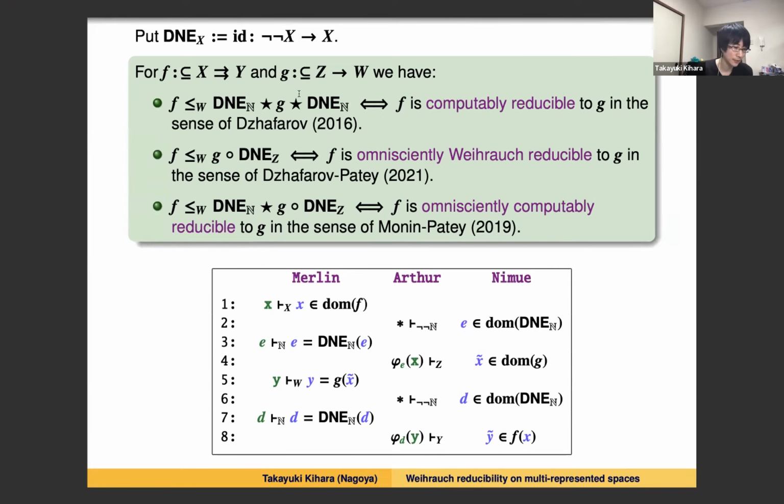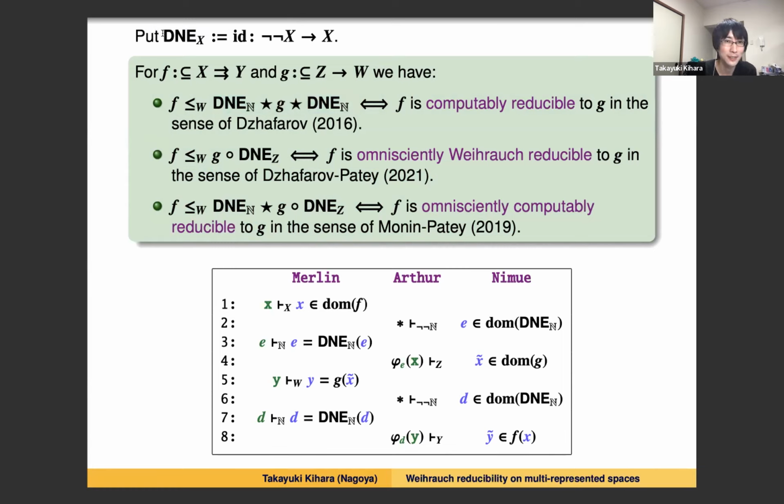By using the double negation space, we can characterize several Weihrauch-like reducibilities: computable reducibility, omniscience, Weihrauch reducibility. I don't explain the definitions of these reducibilities, but they can be characterized in this way using double negation elimination.